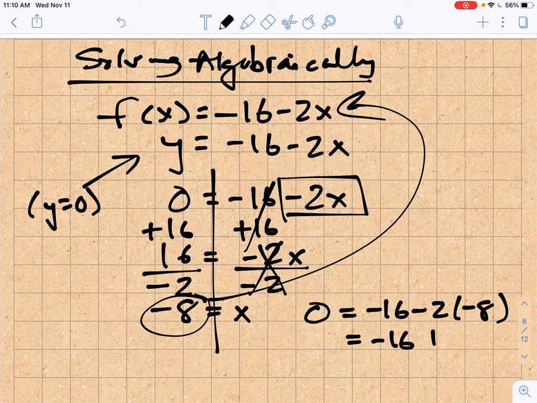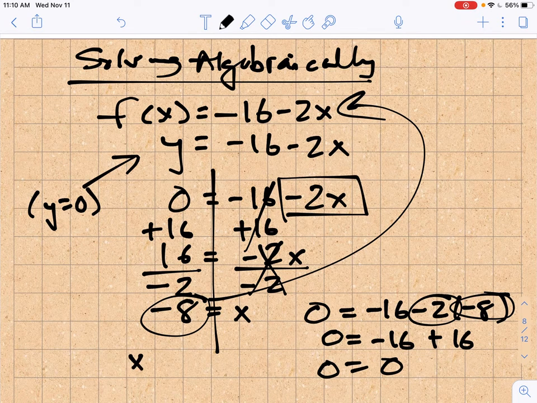So you have negative 16 plus 16, which are additive inverses of each other, and they cancel each other out. You get 0 equals 0, which is an equality, and that's what we want. So we're in good shape. The zero of this function is x equals negative 8. Let's box it and call it good.